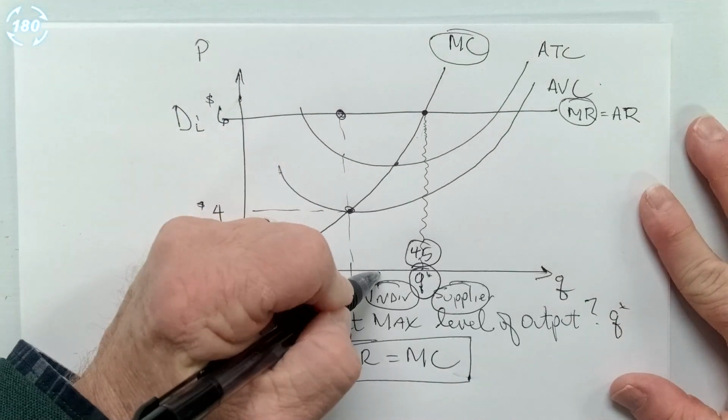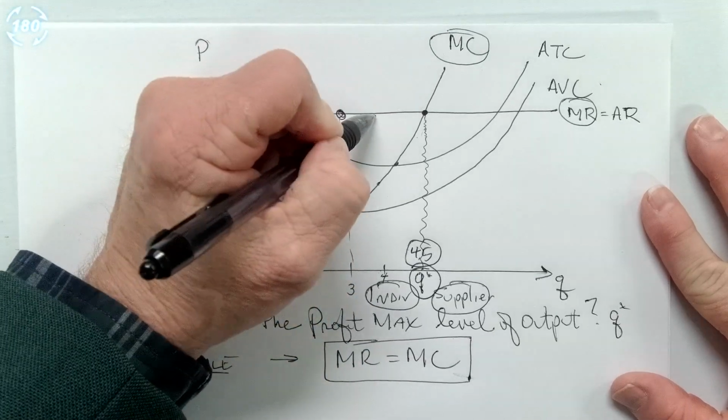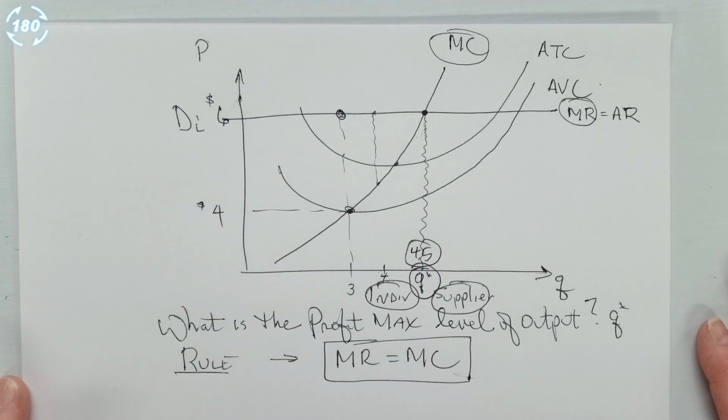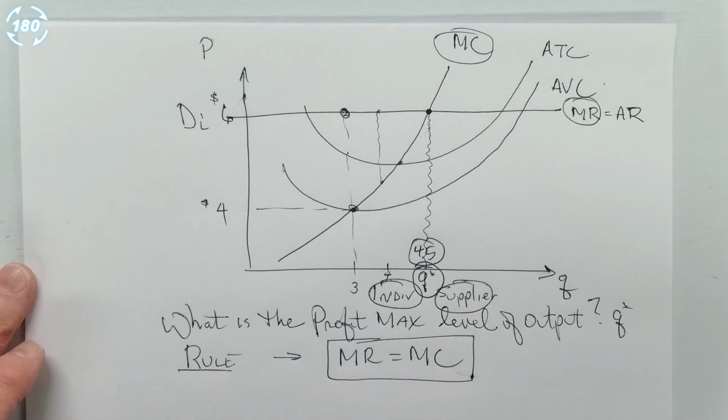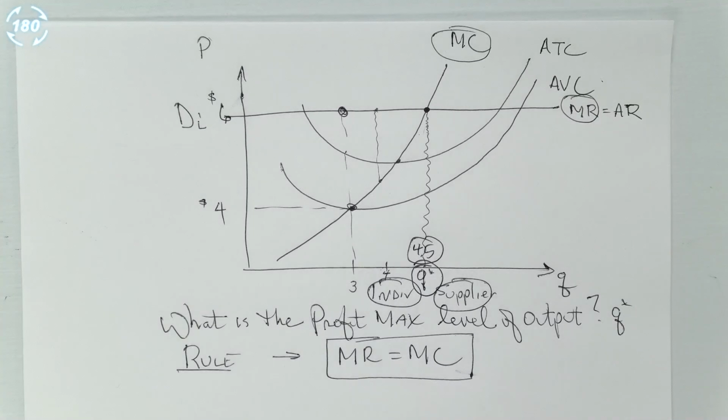Because if you go to the next unit, which is 4, it also has marginal revenue greater than marginal cost. Maybe a smaller spread here, but there's still a spread. And as long as there's a spread on each unit you increment output by, you will be increasing what? Profit.